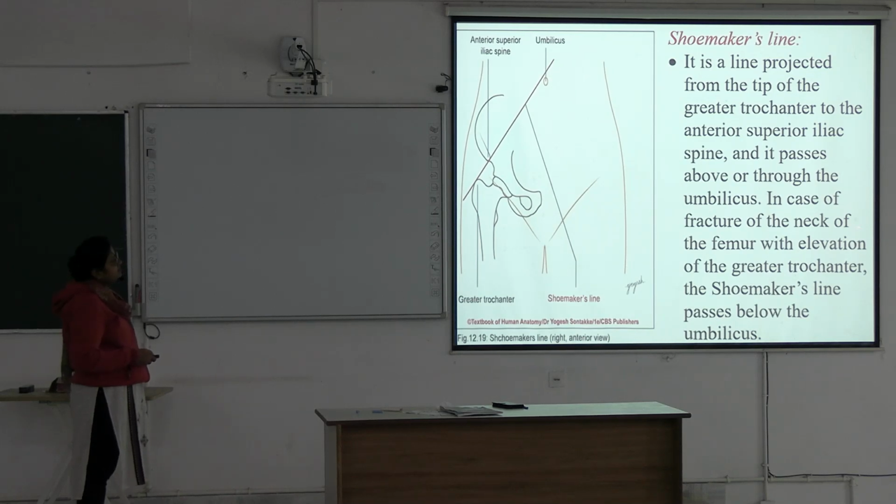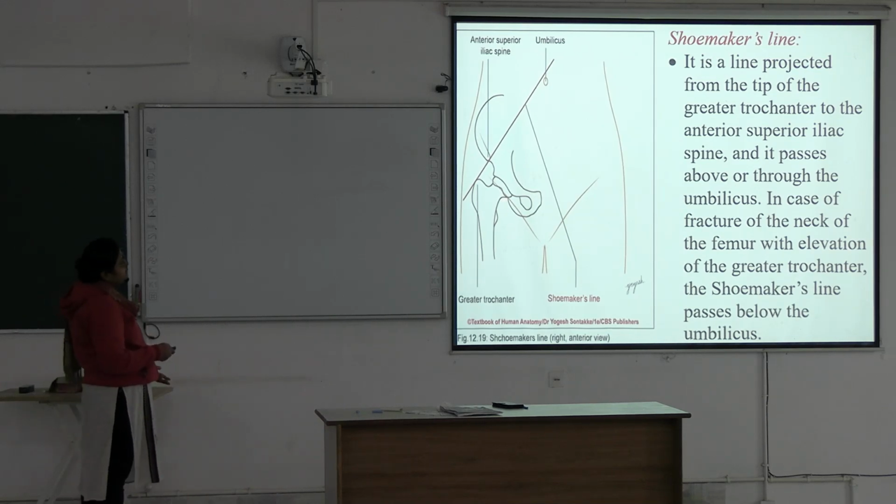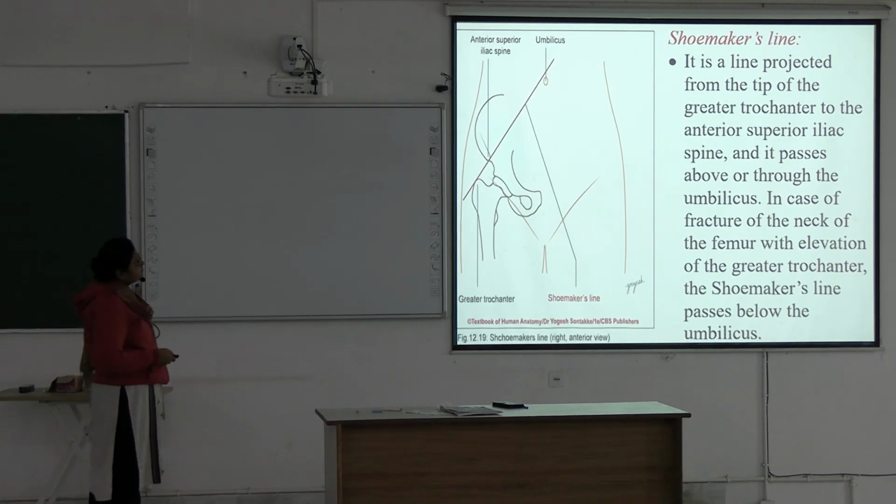In case of fractured neck of femur with elevation of the greater trochanter, Shoemaker's line passes below the umbilicus. Okay, so in case of fractured neck, the trochanter will be pulled upward. So this line will be more horizontal and it will pass below the umbilicus. Generally it passes through the umbilicus or above it, but in case of fracture neck it will pass below the umbilicus. That is the difference.